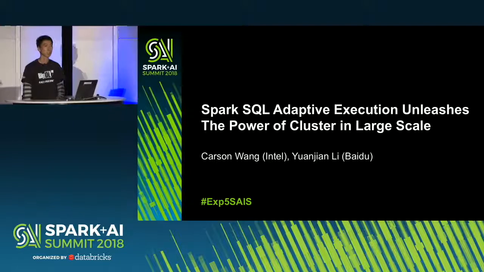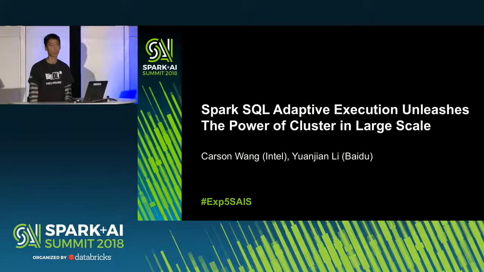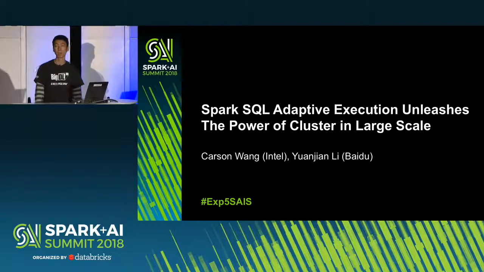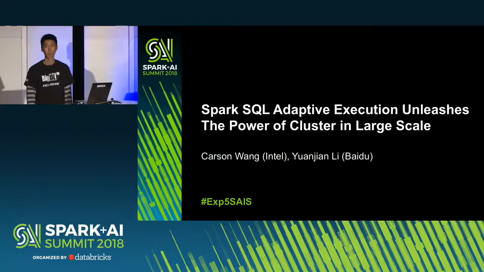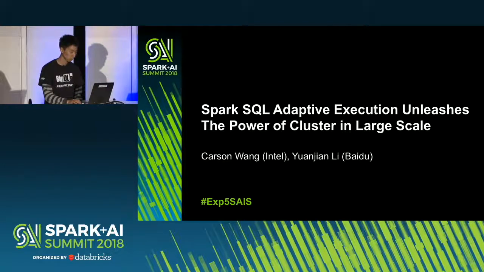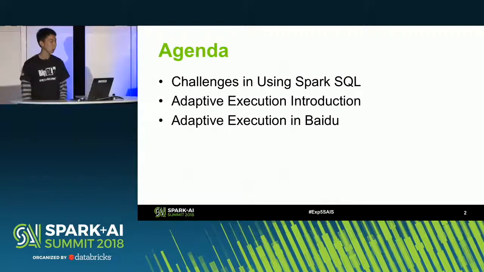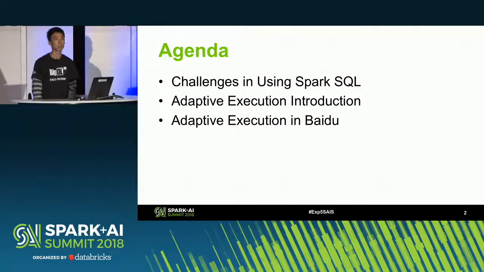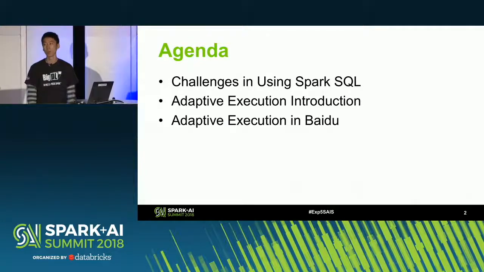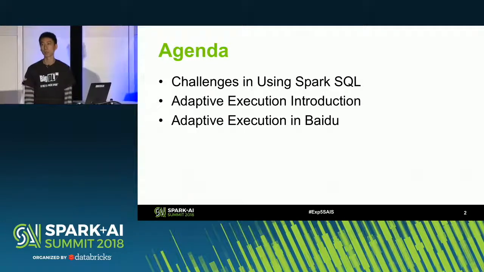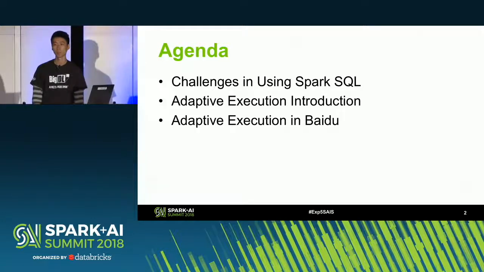Today, Yuanjian and I will introduce the optimization we implemented for Spark SQL called adaptive execution. So, first I will discuss some common challenges we have been facing in using Spark SQL, especially when the data size and the cluster size increase.